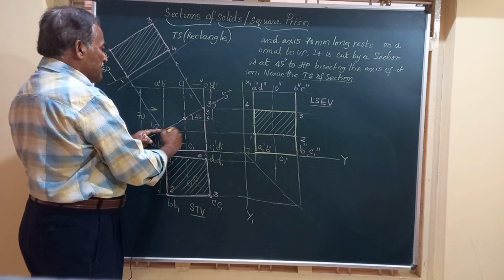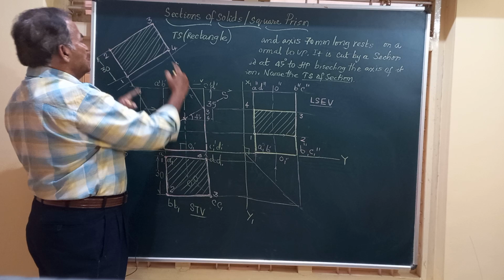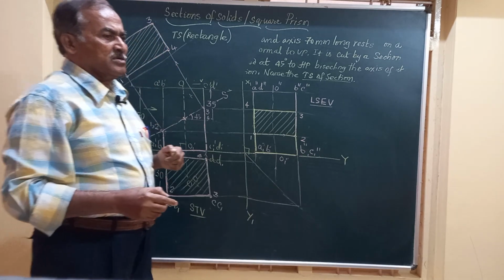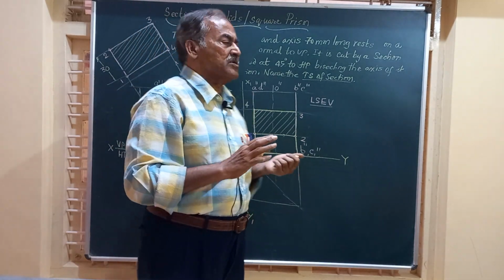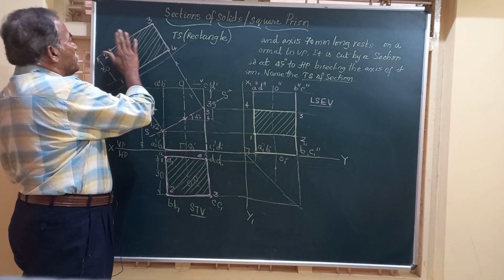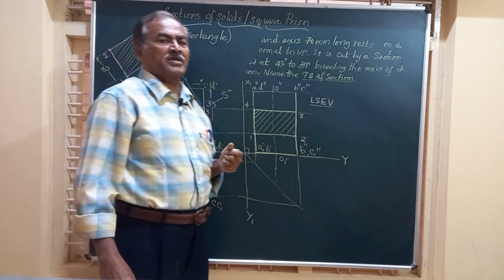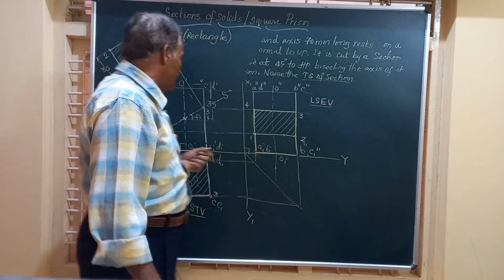That is, whatever the distance you have in the front view, 2 to 3 is that distance. So friends, there can be a problem on the same square prism. Given the true shape of section, obtain the position of the section plane. Is it possible? Yes, it is very simple.